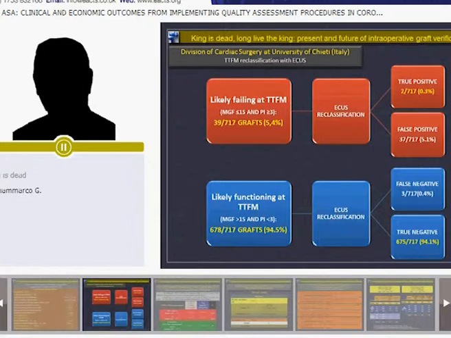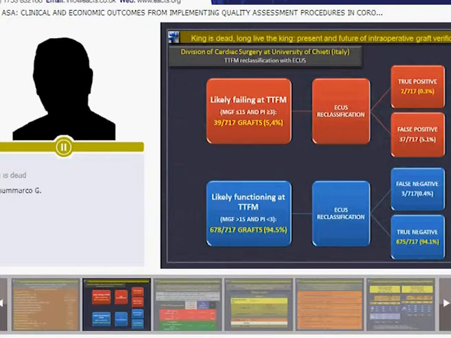And we found 39 grafts out of 717 grafts altogether, so equal to 5.4%. And on the other hand, on the false negative side, we consider likely functioning at TTFM 678 out of 717, equal to 94.5%.